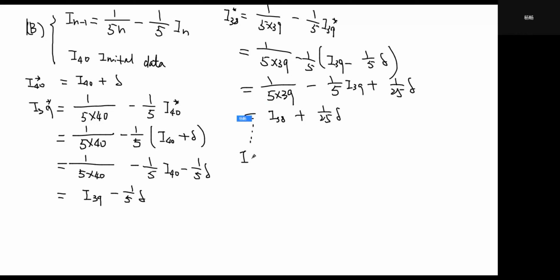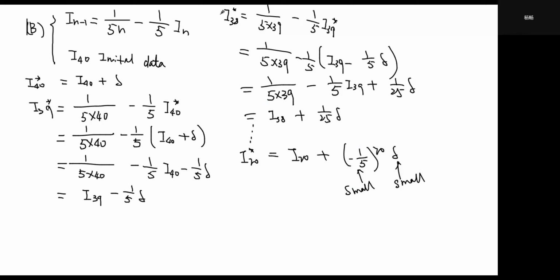So again, you can similarly find that the difference between I20 star and I20 is equal to (minus 1/5) to the power 20 times delta. Suppose that delta is small, and this factor is also very small, even smaller. So together you get a very small error. That's why the second algorithm is very accurate. Okay, clear for you?